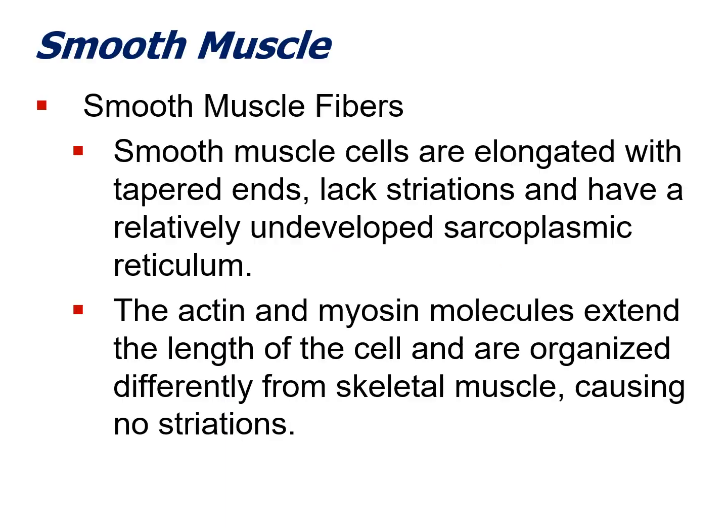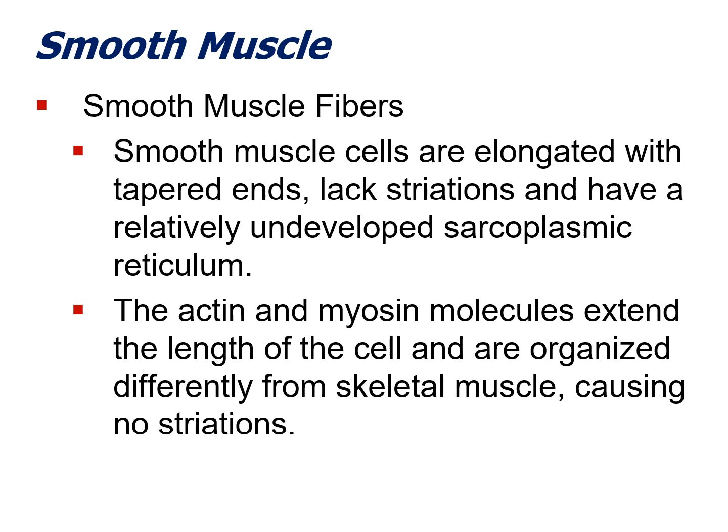So let's start out. The first thing I want to go over is a couple other muscle types that we learned about when we did tissues. And this one is smooth muscle. These fibers are elongated and they have tapered ends. They don't really have striations like we see in skeletal muscle, and I'll show you that picture shortly.